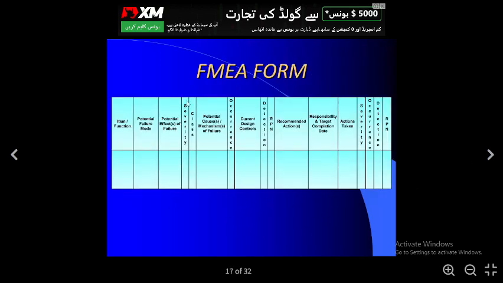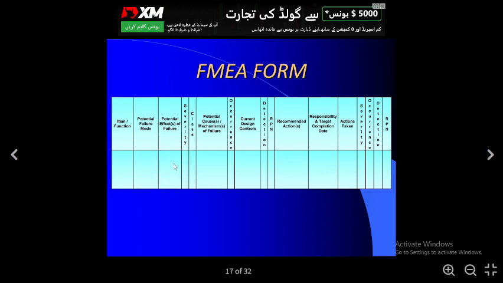This is a generic FMEA form for any failure mode effect analysis to be done by you. So any component, its function is defined over here. How that component can fail, list all the potential failure modes. Then if it fails, what will be its potential effect of failure?